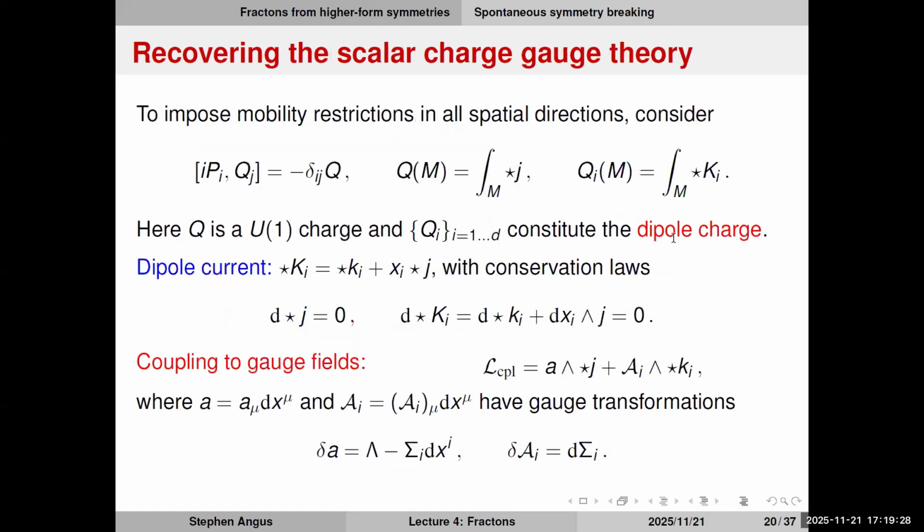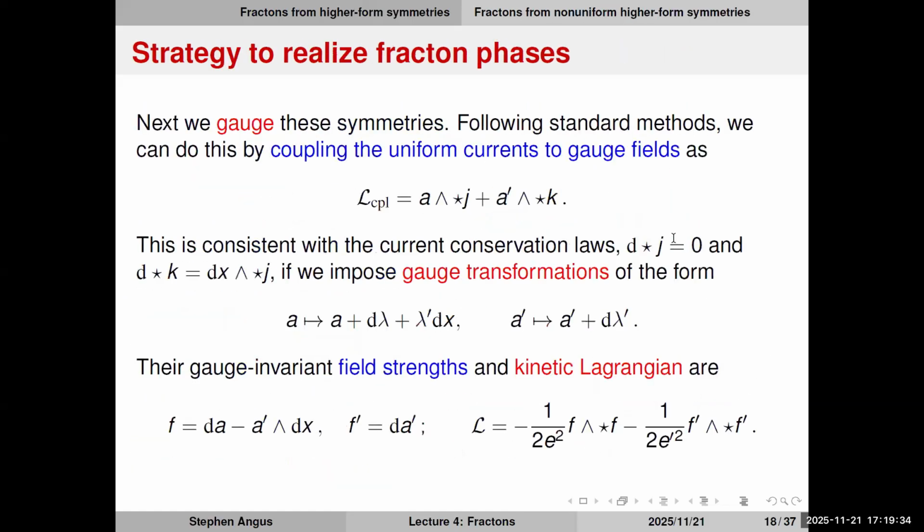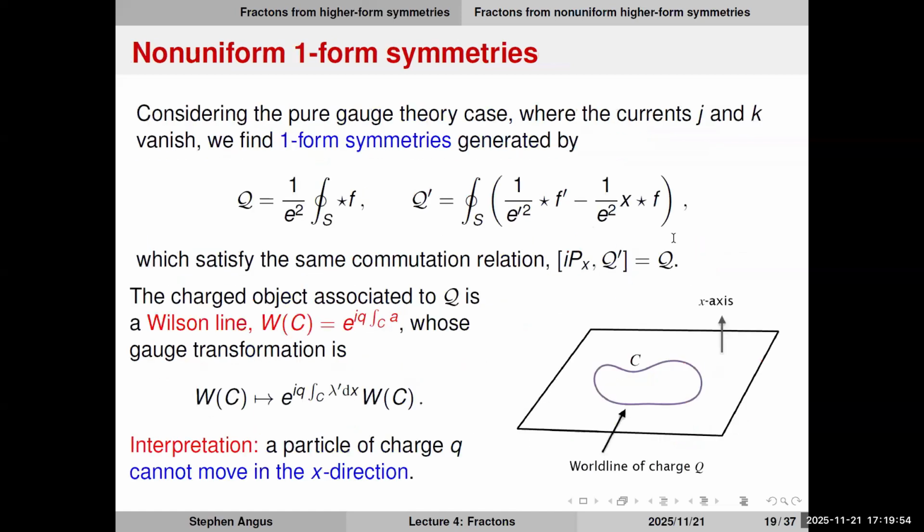But remember we had this non-trivial gauge transformation law. The Wilson line with the standard gauge transformation is gauge invariant. But if we have this non-standard gauge transformation with this extra term, the Wilson line is no longer gauge invariant. So it's no longer a well-defined operator in general.